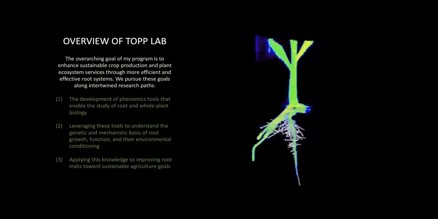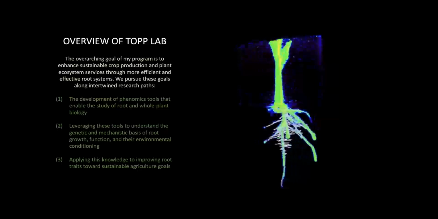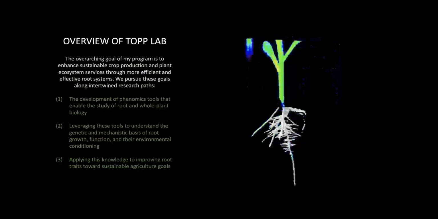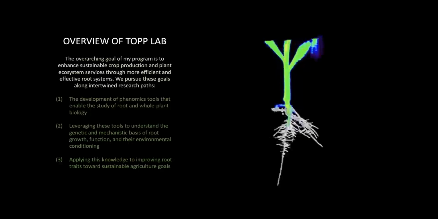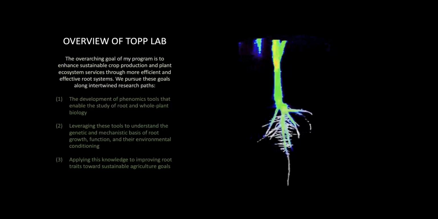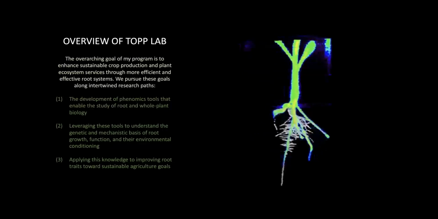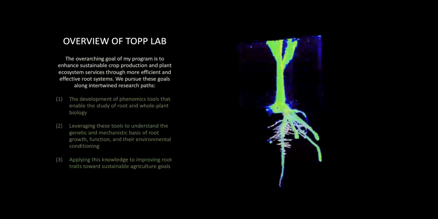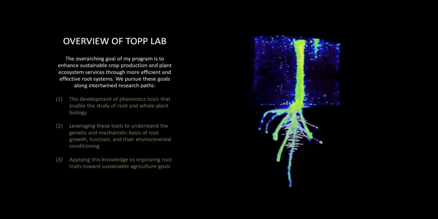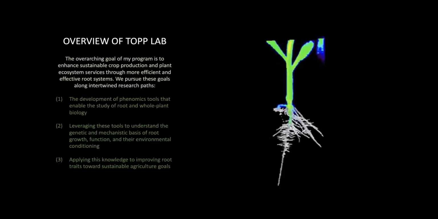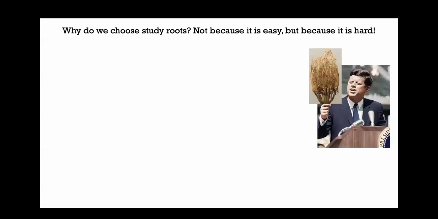And then once we have better tools, the idea is that'll give us better insight into genetic and mechanistic basis of root growth and root environmental interactions. And then the third part is more recent. In the last 3 or 4 years, we've had some success with 1 and 2. And so it's now how can we use these tools and our learnings to really move towards more sustainable agriculture goals. So that's it in a nutshell.